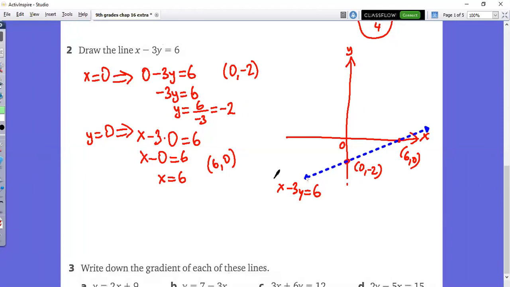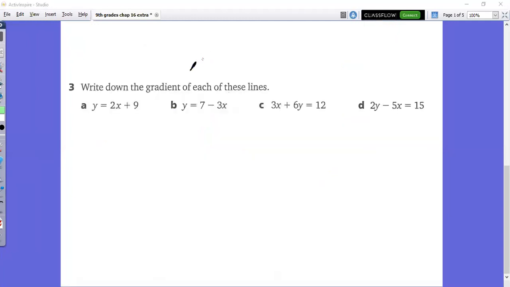Question 3. Write down the gradient of each of these lines. Gradient, what's gradient? y equals mx plus c. If we see the form ax plus by plus c, it will not help us much to determine the gradients directly.